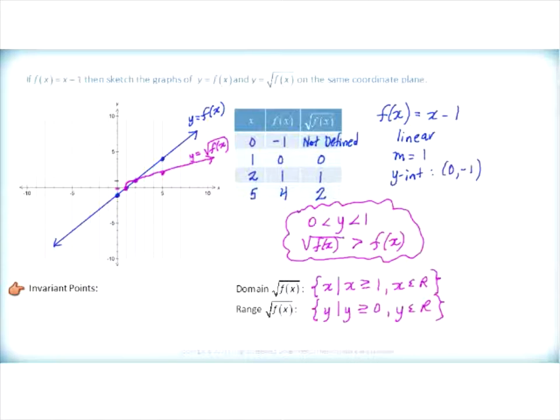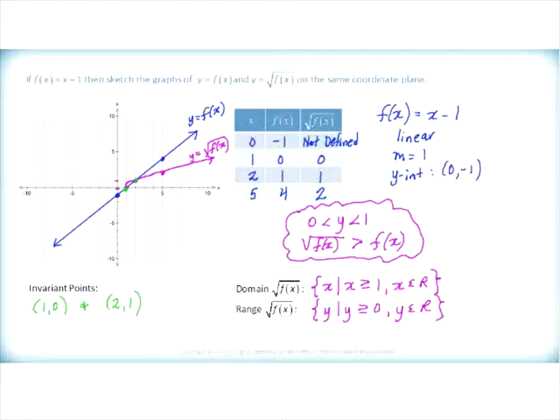Invariant points, on the other hand, are points that are common to both graphs. So if you look at the functions that are graphed here, you can see that one invariant point occurs at 1 and 0, and the other invariant point here occurs at 2 and 1.